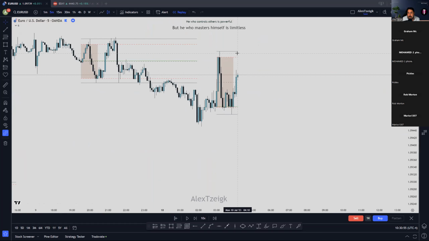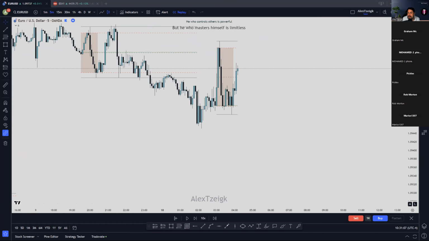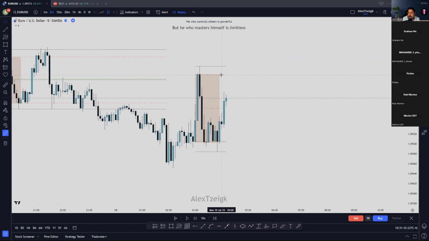Look at what the DR is. This is the DR level, the straight line. It means that it is the first hour of every session from week to week. And the red dashed lines are the IDR, which is from body to body of the candles that have been formed in the first hour of each session.